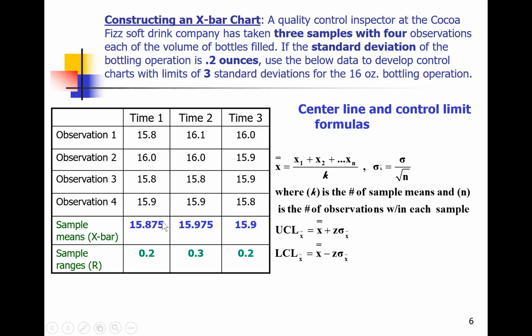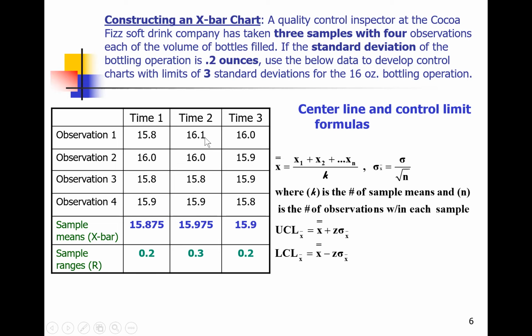The average of sample 1 X bar 1, average of sample 2 X bar 2, average of sample 3 X bar 3. These are the sample averages. These are the observations, and the sample range. Here the range is 0.2 because the highest value is 16 and the lowest value is 15.8. The difference is 0.2.